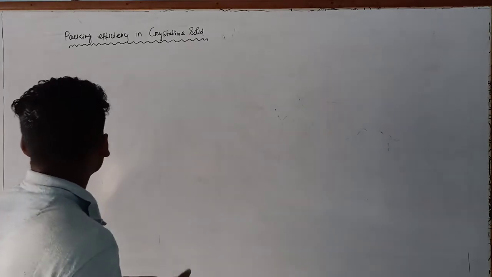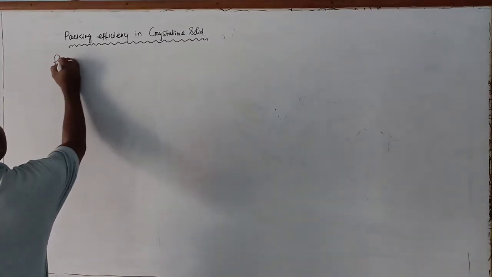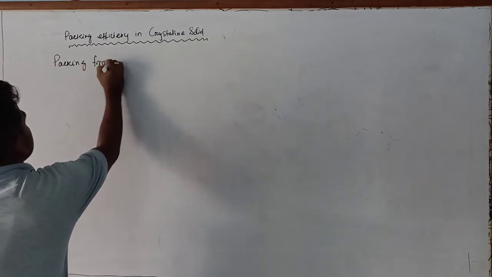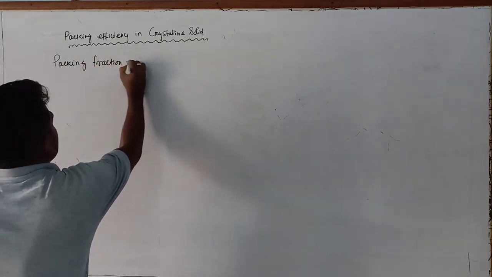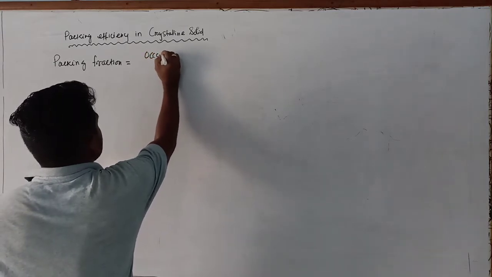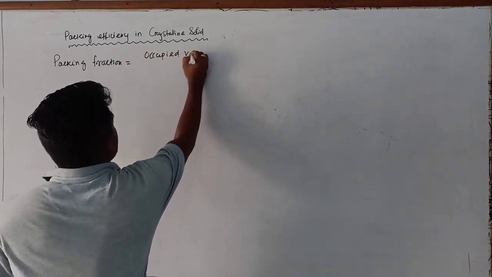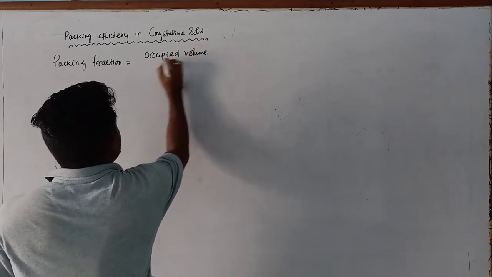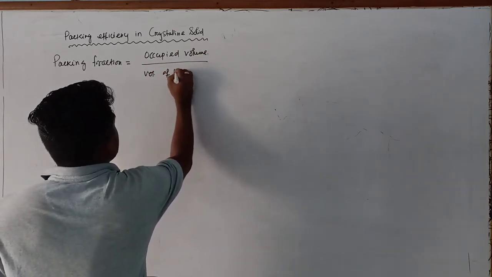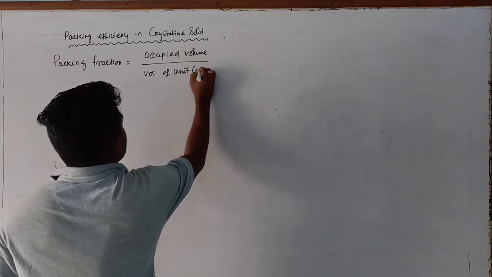Packing fraction is equal to occupied volume divided by volume of unit cell.